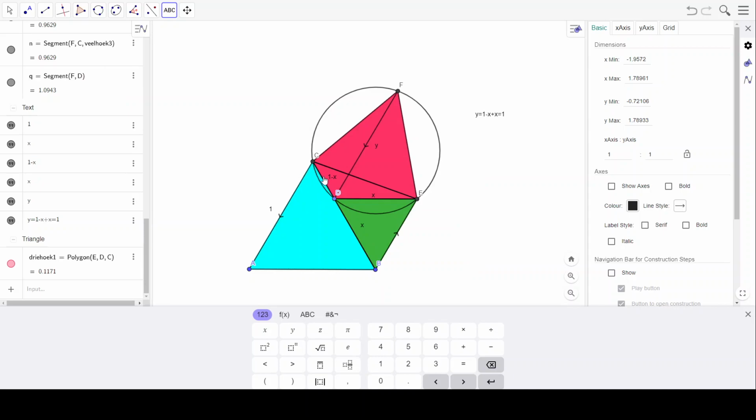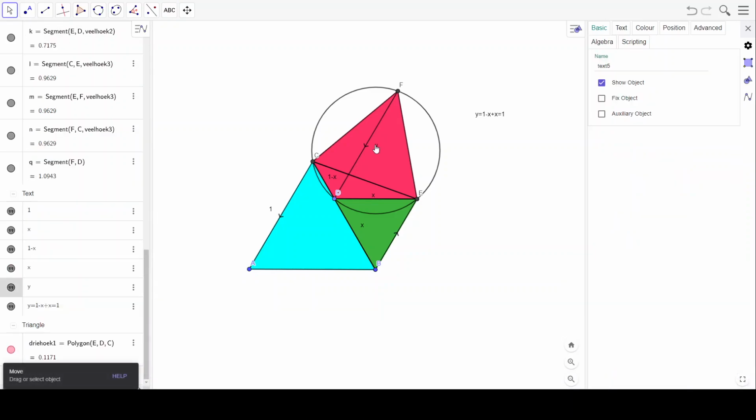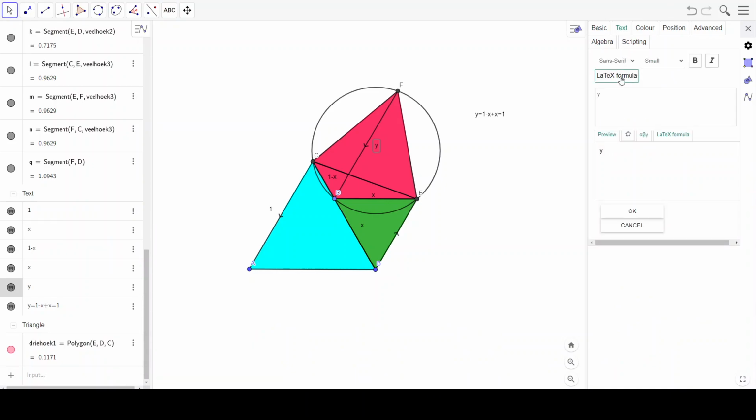So basically this side of this diagonal is this plus that, and that exactly is 1. So surprisingly, this length is exactly equal to this length. So we can replace this by 1.